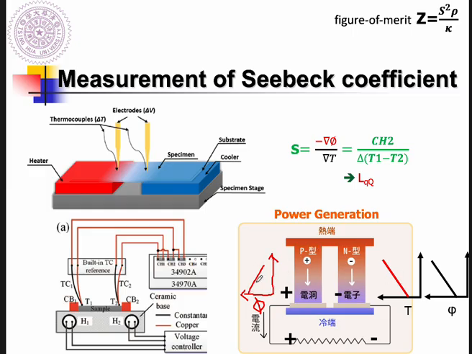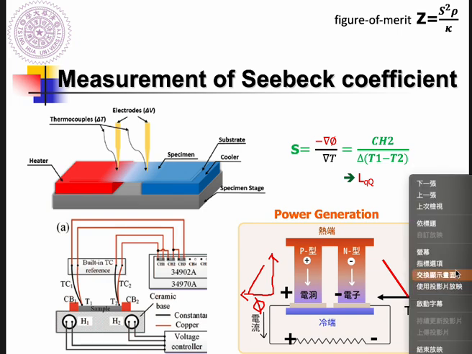So when divided by the negative temperature gradient, we have a negative, so it's positive. For P-type material, the Seebeck coefficient is positive. Okay, so let me give you a quick summary here.